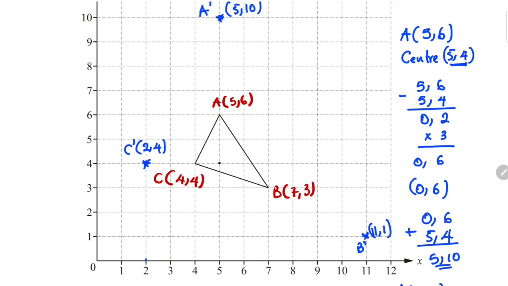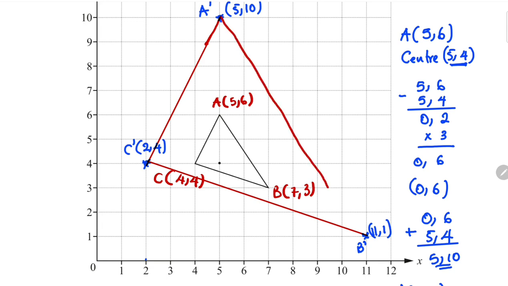So I'm going to connect this, then I will connect this, and I will connect this. So we've enlarged it.